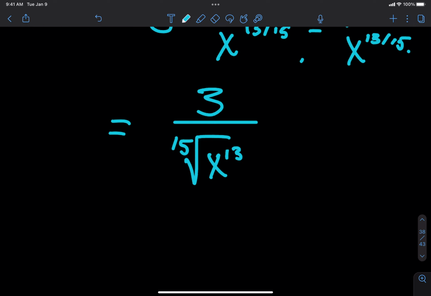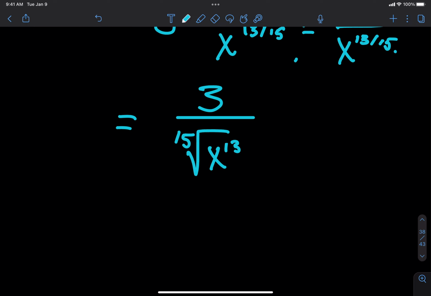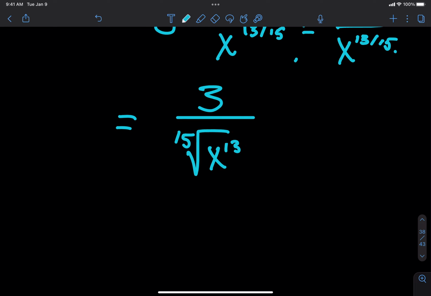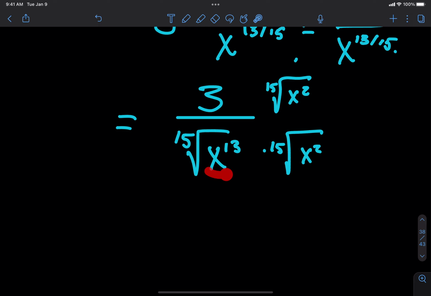How do I rationalize the denominator now? Well, I'm missing 2 powers of x here. So I'm going to multiply by the 15th root of x squared. Why? Because then x to the 13 times x squared is x to the 15.